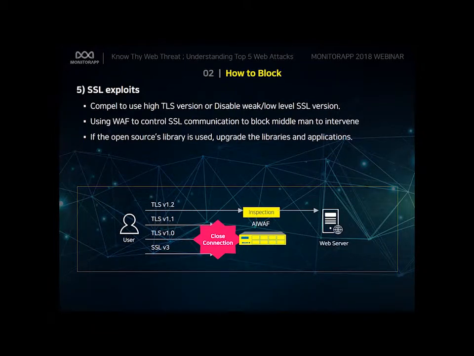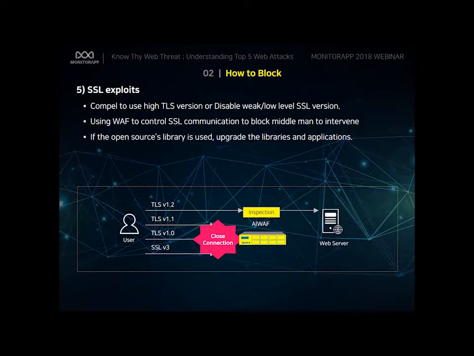Finally, the first thing you need to do to prepare for SSL vulnerability is to simply stop using low-level SSL. Because SSL targeted attacks are primarily targeted at low-level SSL, companies developing SSL libraries are also advised not to use low-level SSL. Secondly, you can use WAF to handle SSL communication.